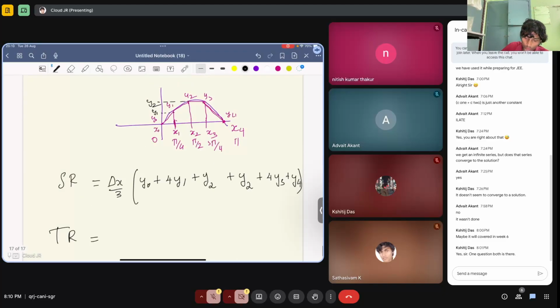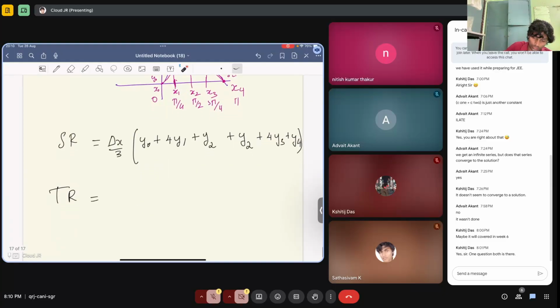Yeah, so if you cut it into, let's say, n parts, the trapezoidal rule says the following.